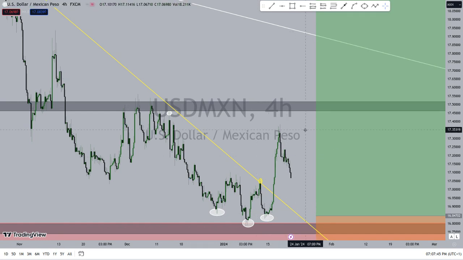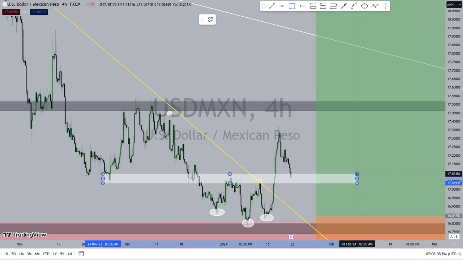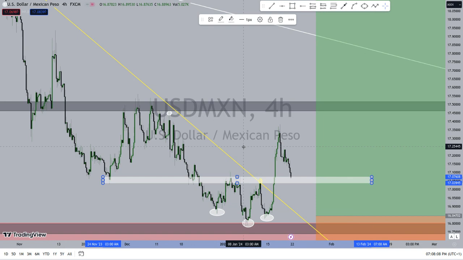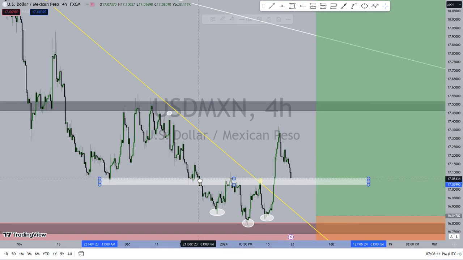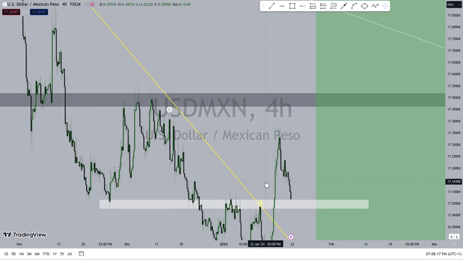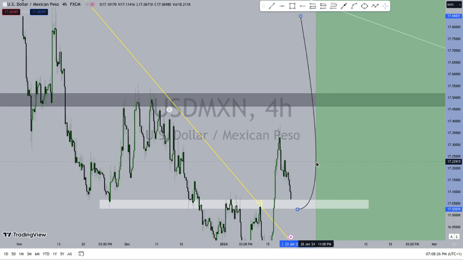And then you can see price gave us heavy bullish candlesticks, and now it just dropped. It's kind of like coming to retest the break of this neckline, I would say, and then we should see further moves to the upside.